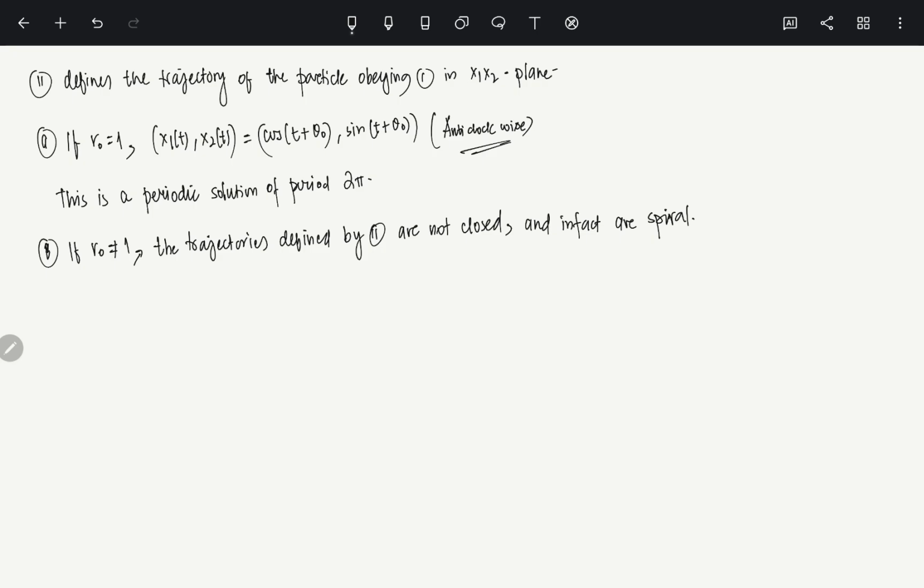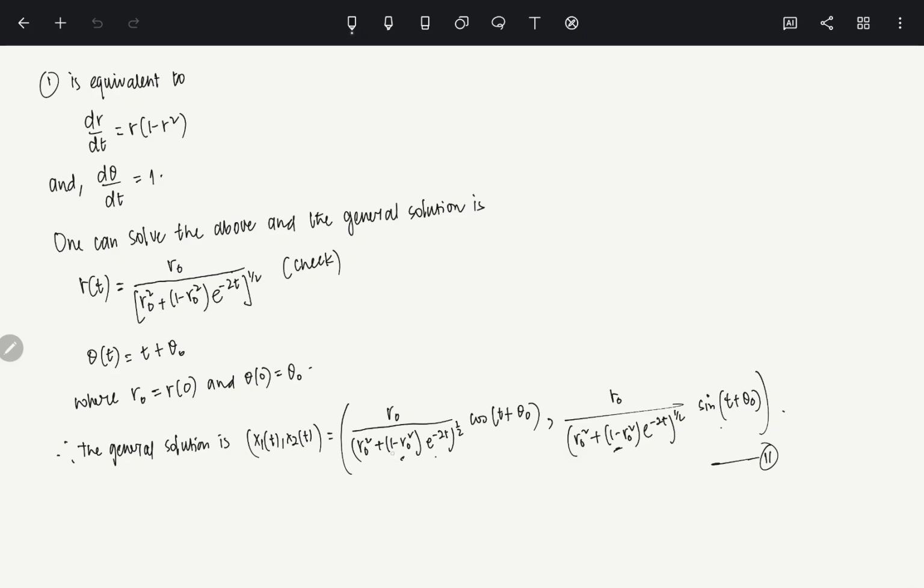Now you see, if r naught is strictly less than 1, then 1 minus r naught square is a positive term, right? So this term becomes r naught by (r naught square plus some positive quantity times e power minus 2t) whole power half.